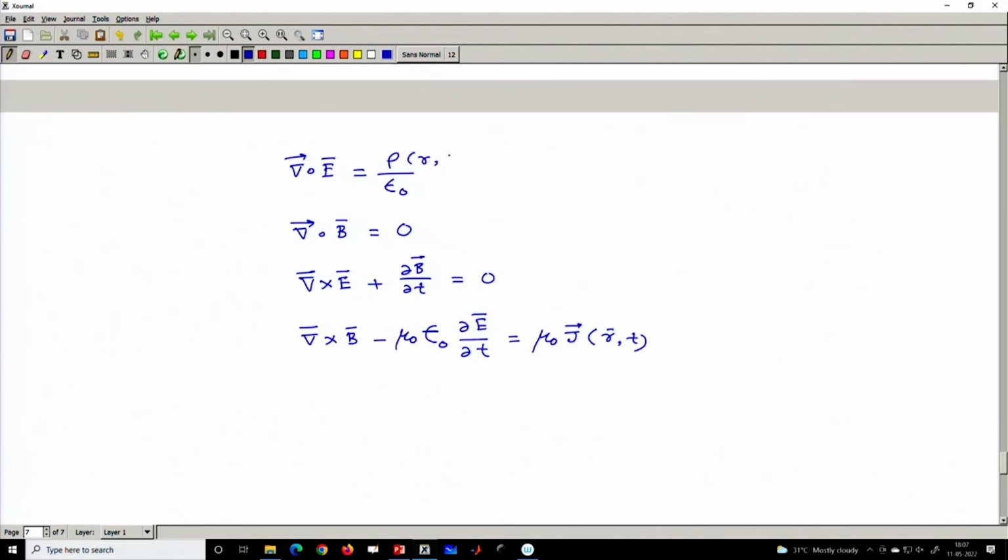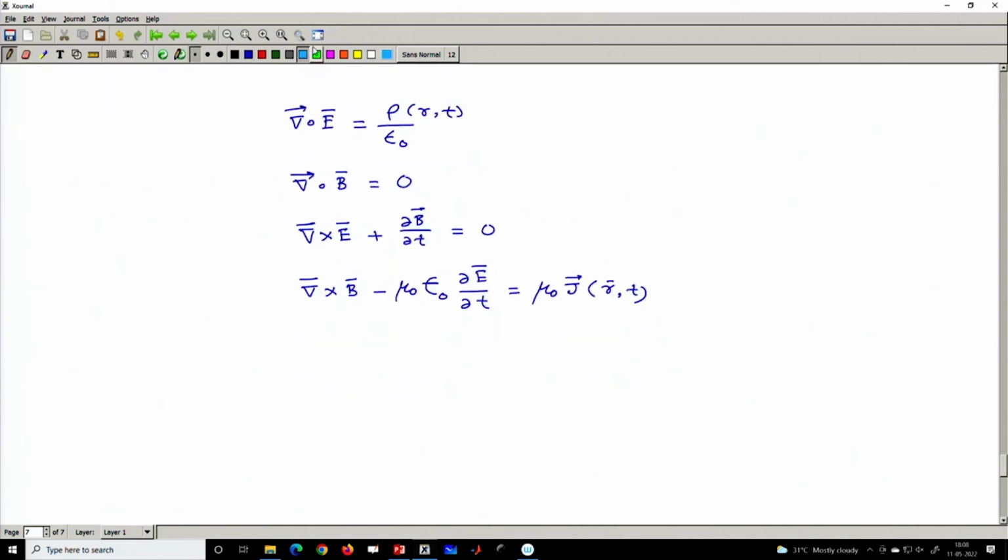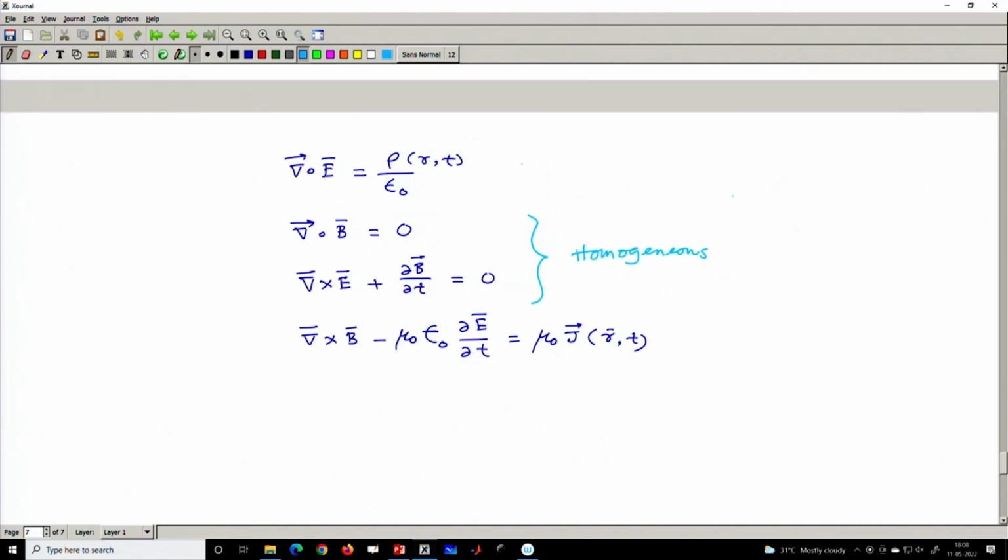So, I just rewrite Maxwell's equations once again, but here I can see that the two equations sitting in the middle are homogeneous, and the equations at the top, this one and this one, are non-homogeneous because they contain the source term. Here we have one source term J, and here we have another source term rho.